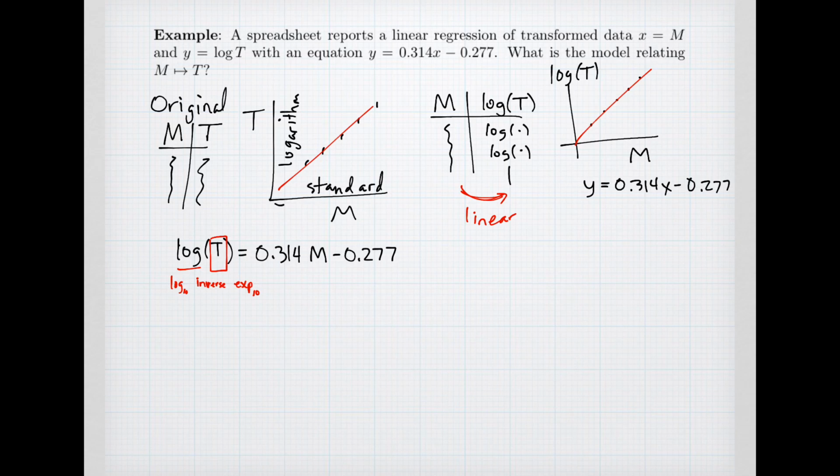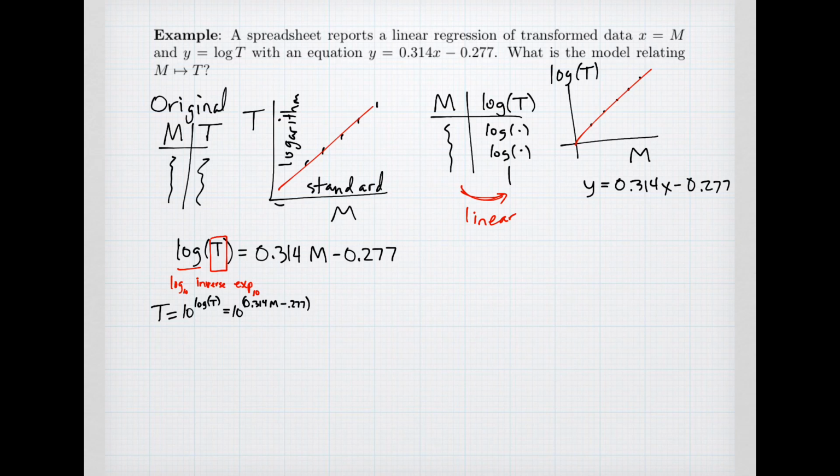What that means is I'm going to take 10 raised to the power of each side of the equation, 0.314m minus 0.277, that's all in my power, and because they're inverses, on the left-hand side, 10 to the logarithm of t is just t.